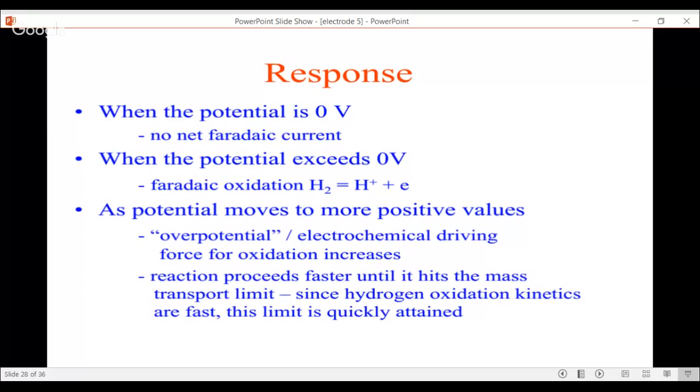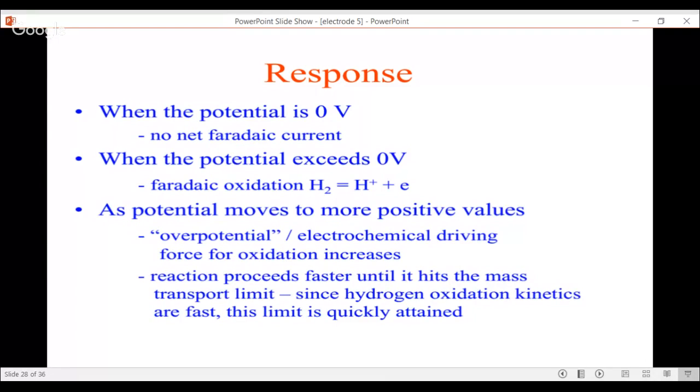When the potential exceeds zero, Faraday oxidation occurs, hydrogen gets oxidized to H+ plus electron. As potential moves to more positive values, the overpotential, the electrochemical driving force for oxidation, increases. When we go on increasing the potential, we are more or less applying the overpotential. Therefore, the oxidation reaction increases. The reaction proceeds faster until it hits the mass transport limitation. Since hydrogen oxidation kinetics are fast, this limit is quickly reached in the case of hydrogen.